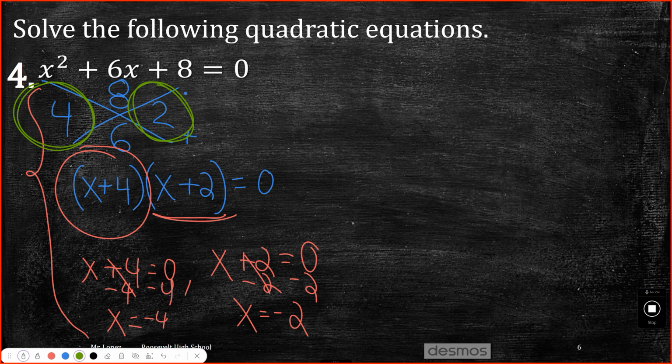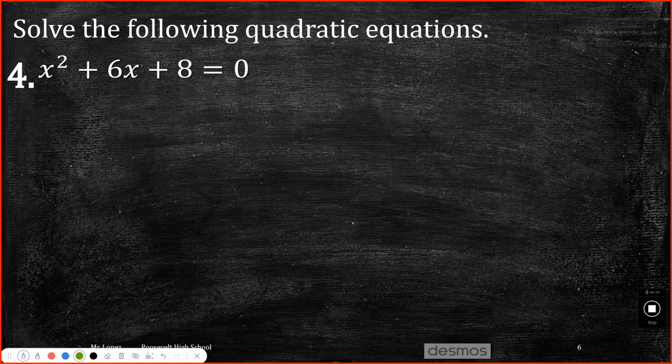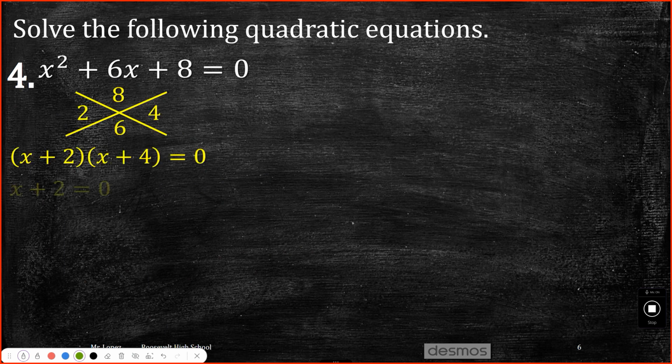The answer is going to be x equals negative 4, and x equals negative 2. I kind of did that, but I have to teach the whole thing. A student said, hey, you can just do it quickly like that. But I have to teach you all this because that's the standard way of doing it.